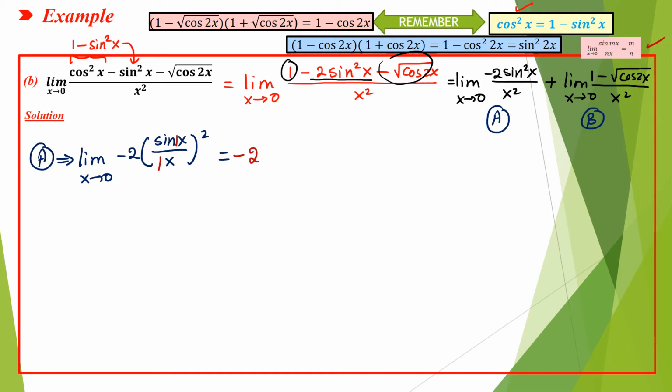So the answer of the first limit is negative 2 multiplied by (1 over 1) squared, and this equals negative 2. Now for the second limit, you have to use the conjugate, because we have the limit of (1 minus square root of cosine 2x) divided by x squared.